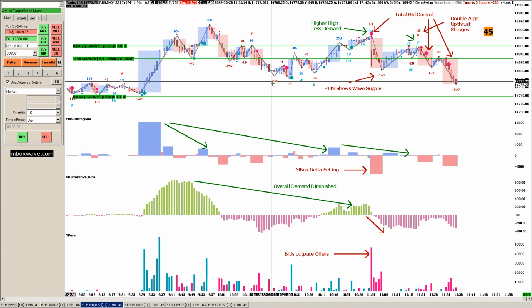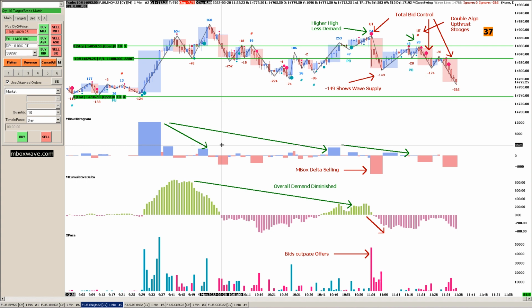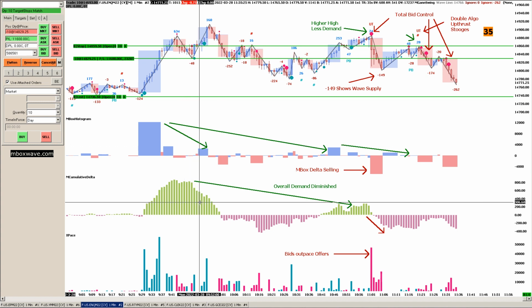The MBox histogram, I call it the MBox delta, I look at as buying and selling, and the cumulative delta I look at as accumulation, distribution, or overall supply and demand. This is important because it makes life a lot easier to decode what the waves are doing.